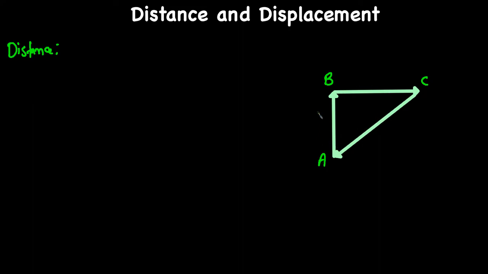Let's say this distance is 1 meter or 2 meter, any number. Let's say 4 meter. And so the distance traveled by the particle in a given time is equal to A to B plus B to C plus C to A, which is basically 1 plus 2 plus 4.